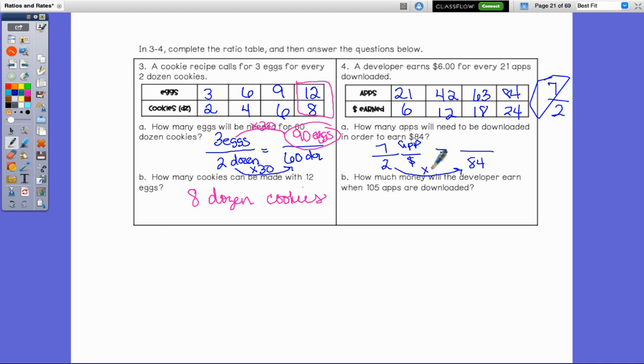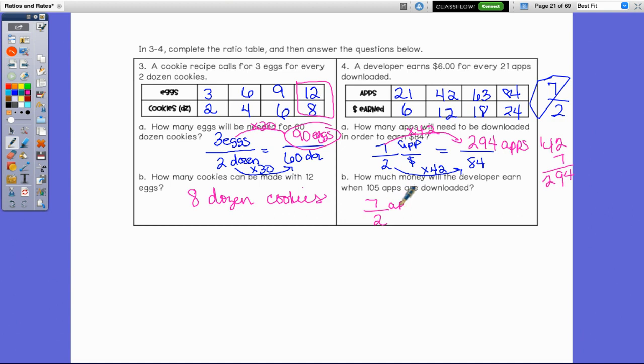And that's multiply by 42. Whatever I do to the bottom, I need to do to the top. So I'm going to multiply by 42. 42 times 7 is 294 apps.